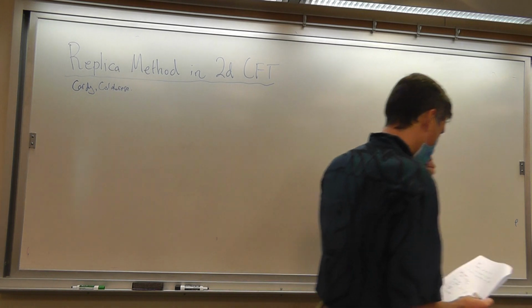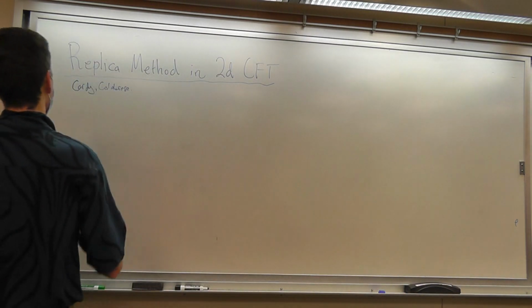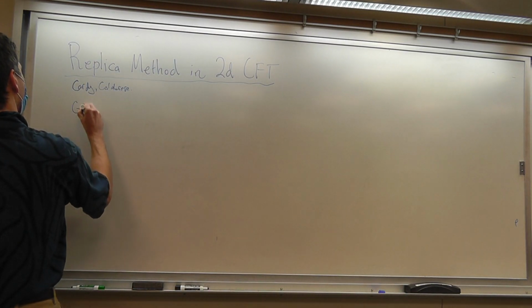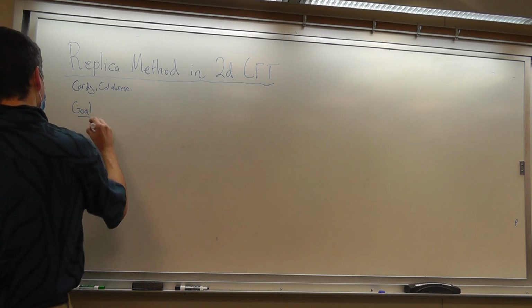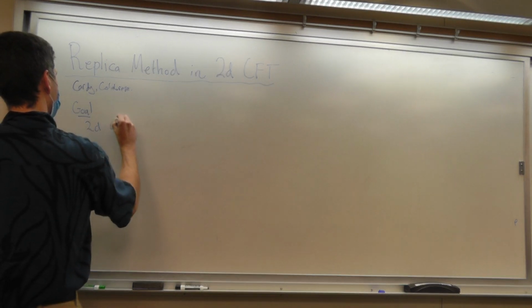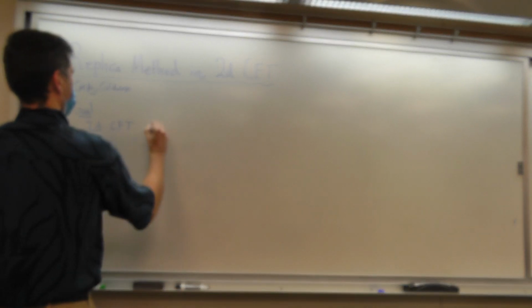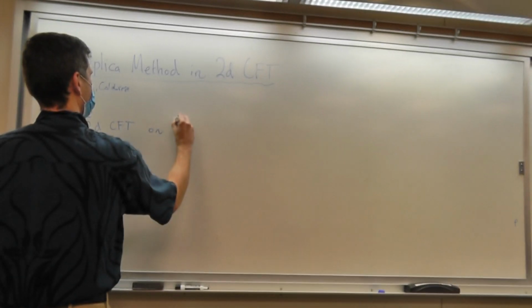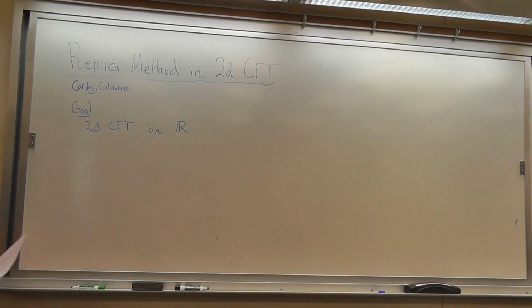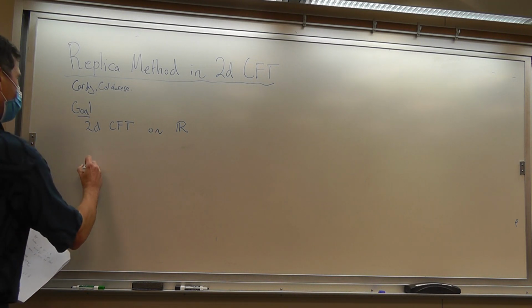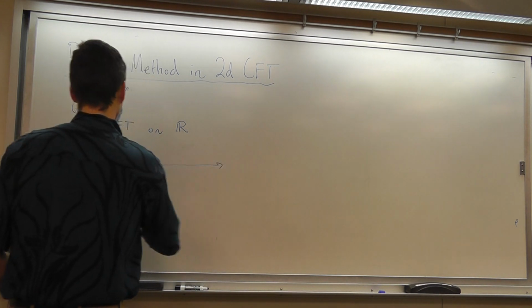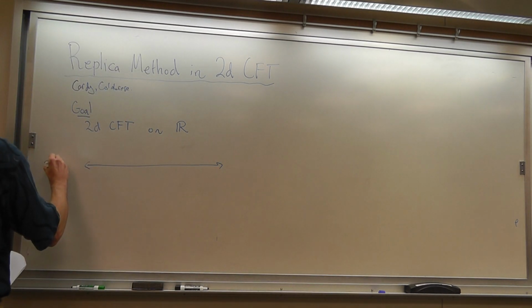So the goal is the following. We have a 2D CFT. Let's say it's a CFT on the real line, although by conformal transformations it doesn't really matter. It could be on a circle. So space is the real line.